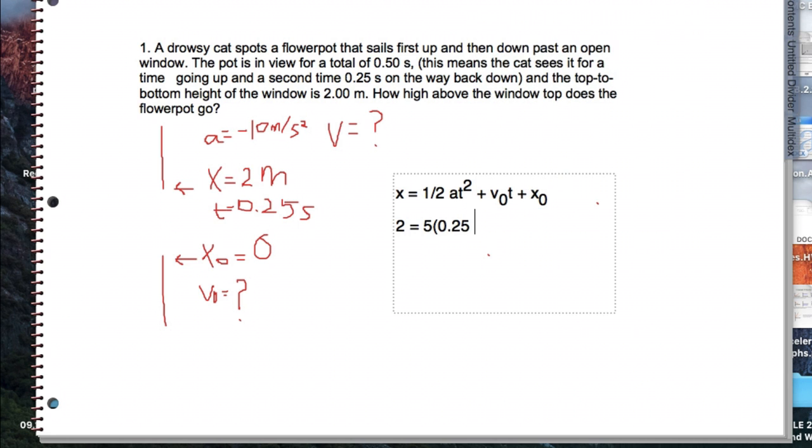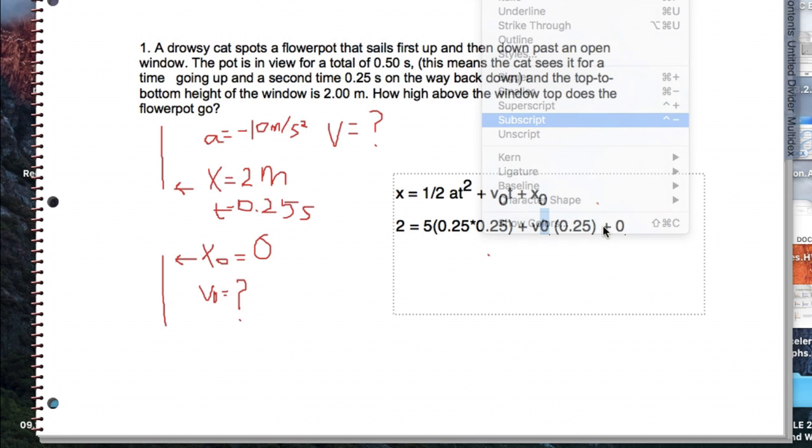Okay, 0.25 times 0.25, because I'm squaring it, plus V naught times t, which is 0.25, plus 0, because our initial position is 0, according to the way we set up the problem.